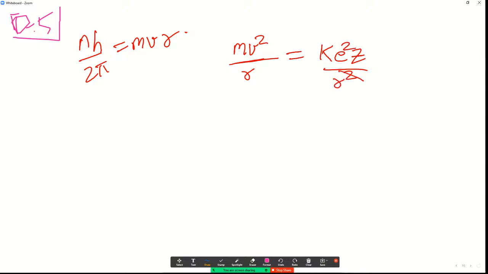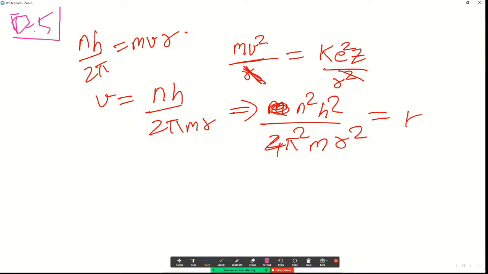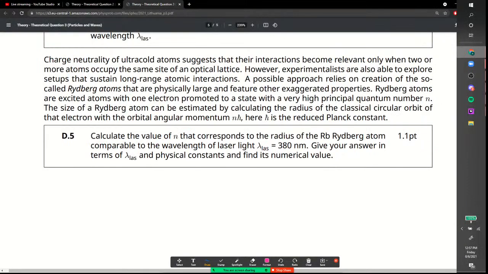So we can substitute the value of v from this: nħ by 2 pi m r implies m n square ħ square by 4 pi square m square r square equals k e square Z by r, r gets cancelled out.